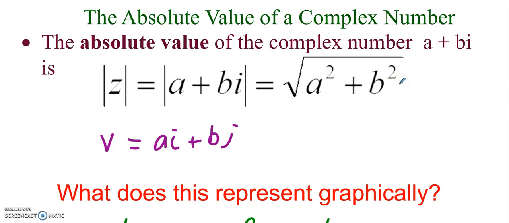Remember, magnitude of a vector is the length of the vector. Absolute value of a complex number is the distance from the origin of the complex number. So the operation for those two things is exactly the same. However, vectors are not complex numbers and complex numbers are not vectors. So that is something you are going to have to keep separate. However, they are in the same unit right now because a lot of the operations are very similar, if not exactly the same.